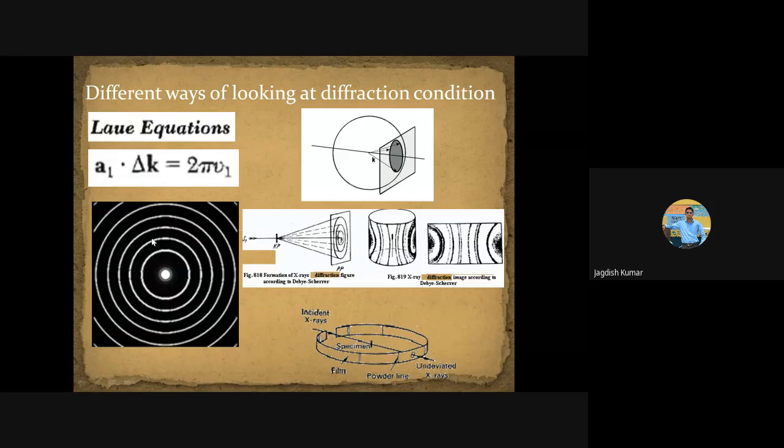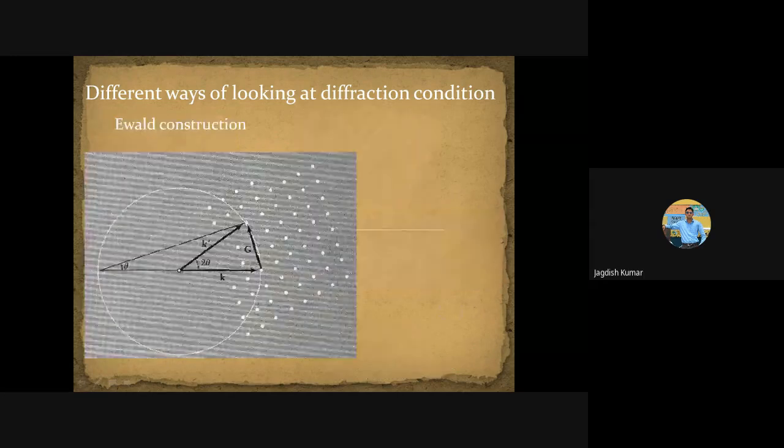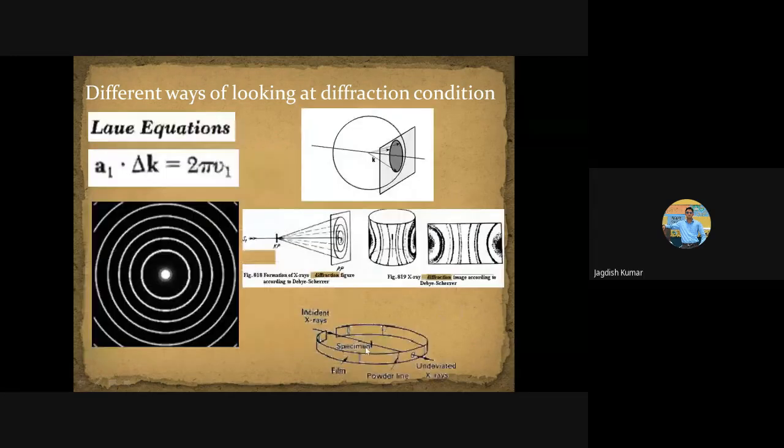Now, another way of looking at this is, instead of taking a two-dimensional sheet, if we take a strip of photographic plate and incident X-rays on your specimen, then one part of it will go undeviated, and some part will be deflected at various angles, depending upon where the diffraction condition is satisfied.